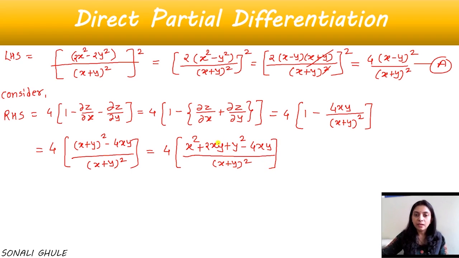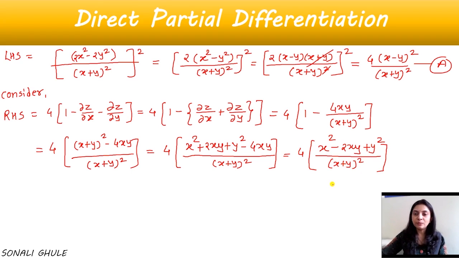Now here, if you see 2xy minus 4xy, means what is the remaining term then I'll get here? 4 in bracket x square minus 2xy plus y square upon x plus y whole square, right?